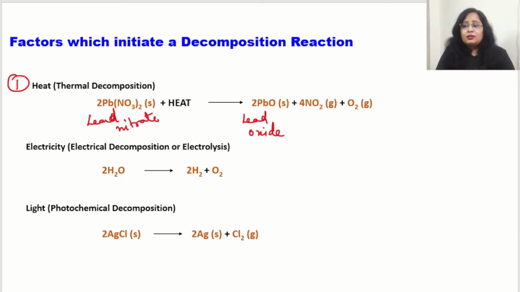So here nitrogen dioxide gas comes in the form of reddish brown fumes. That indicates that nitrogen dioxide is made there and lead oxide is there. So lead nitrate is decomposed into lead oxide, nitrogen dioxide and oxygen.